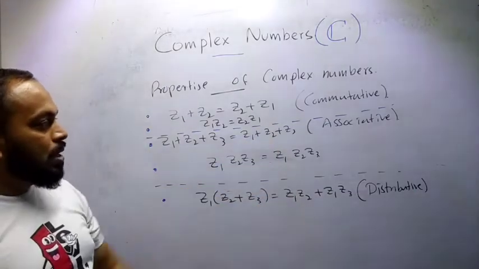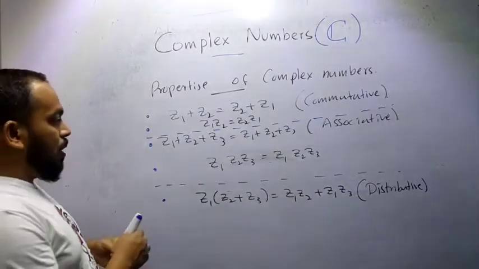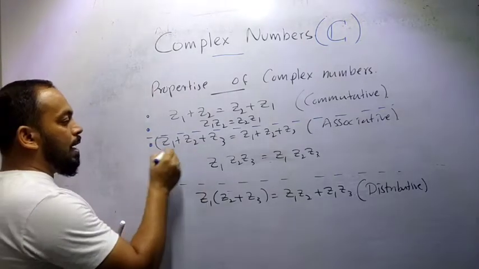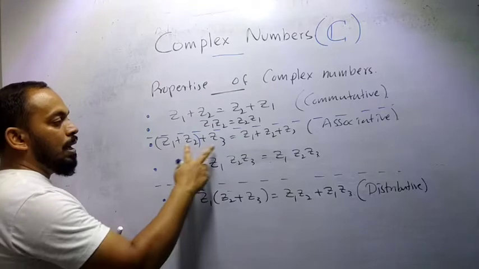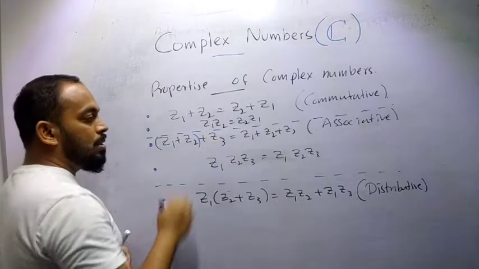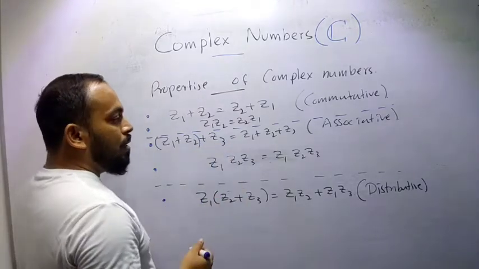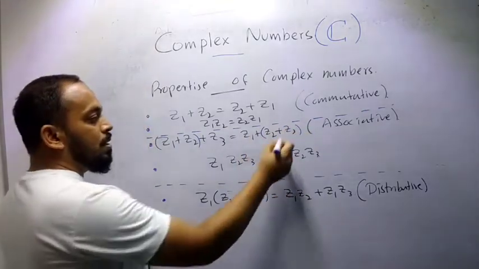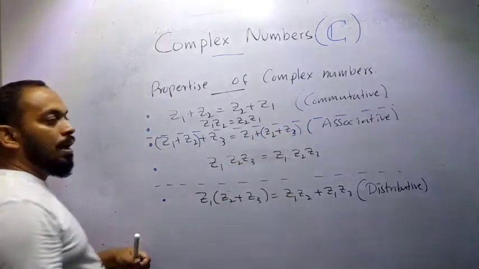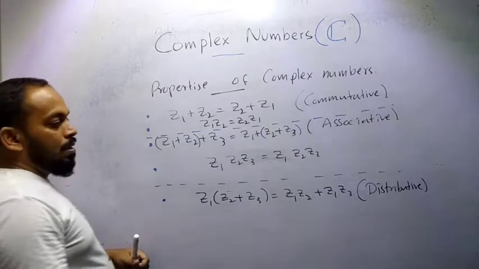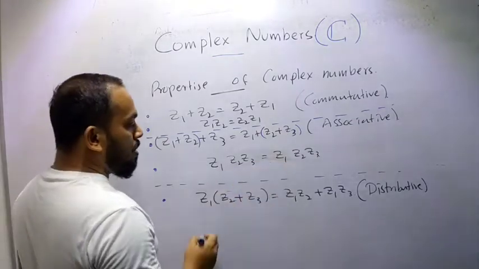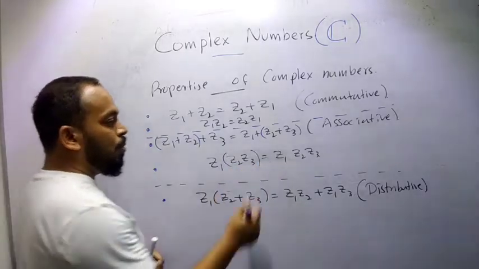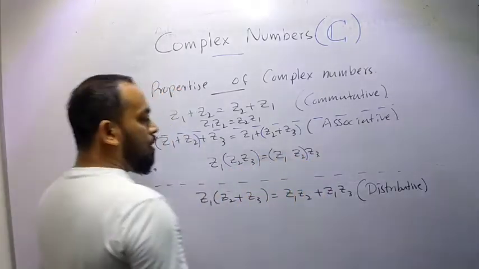Then the associative property. If you have the addition of three complex numbers, you can first add two of them and add that to z3, or you can add z2 and z3 first, then add z1. When multiplying three complex numbers, you can associate z2 and z3 first, or z1 and z2 first.